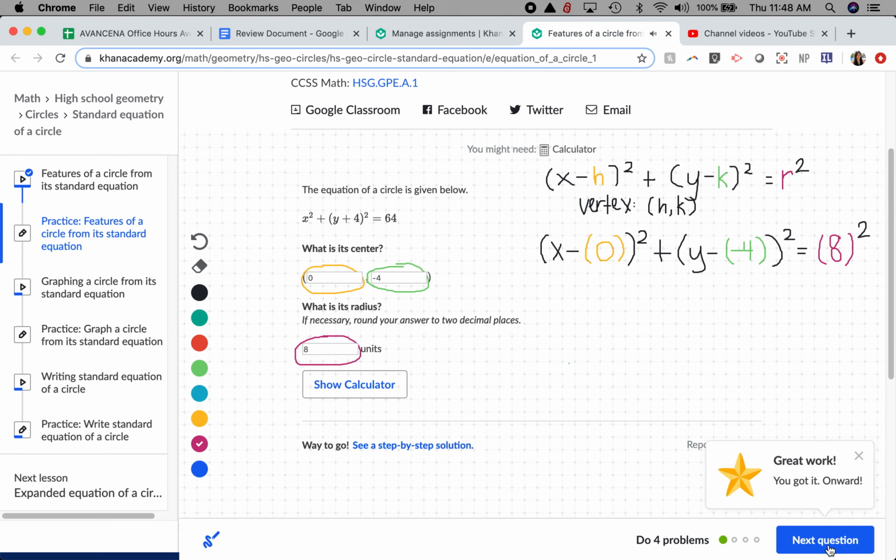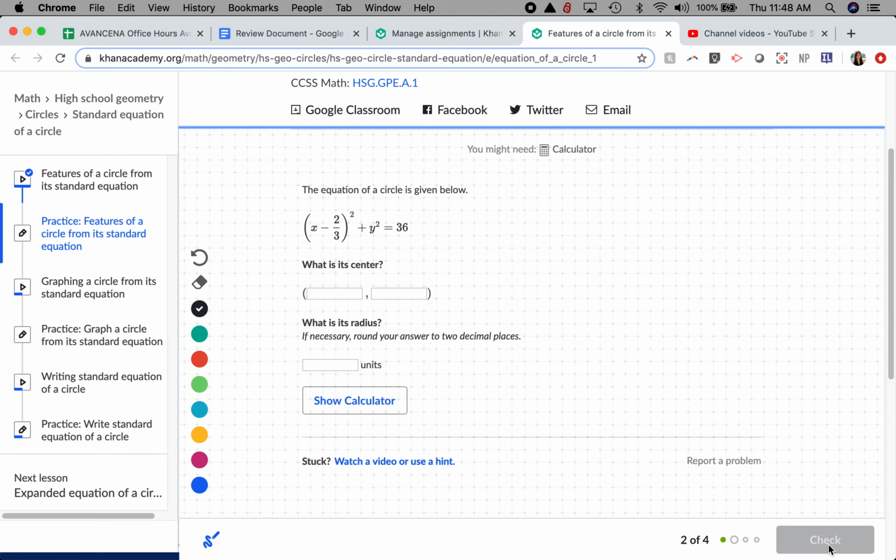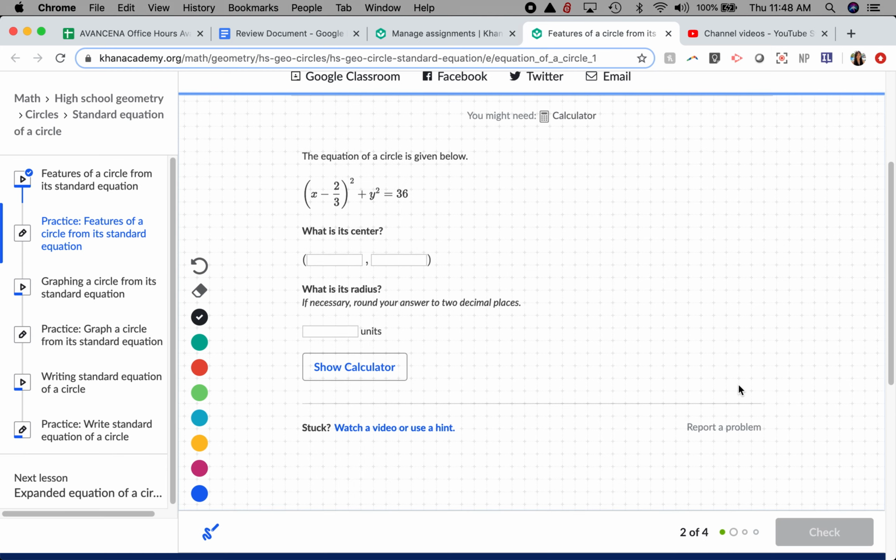Let's try another problem. Now this equation is the same. It's asking us for the center and the radius. So the first thing I'm going to do is write my standard form.